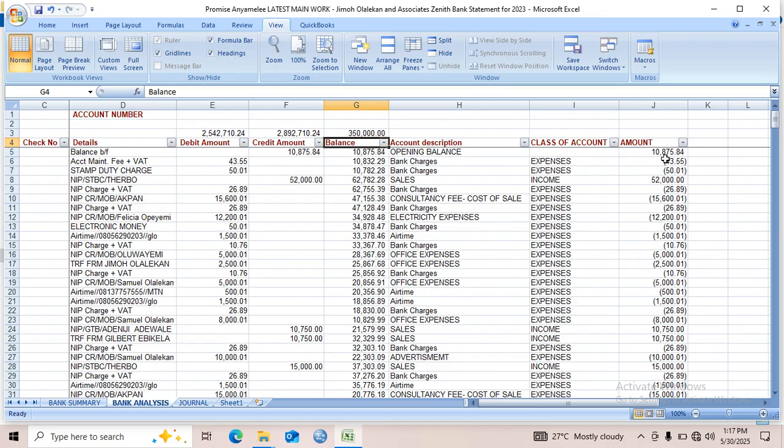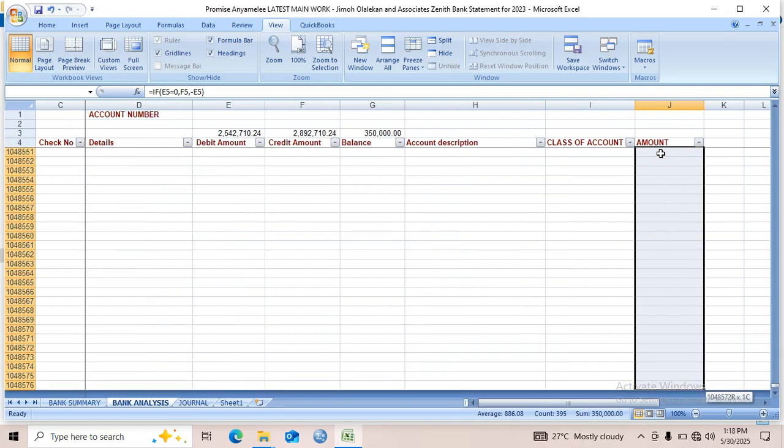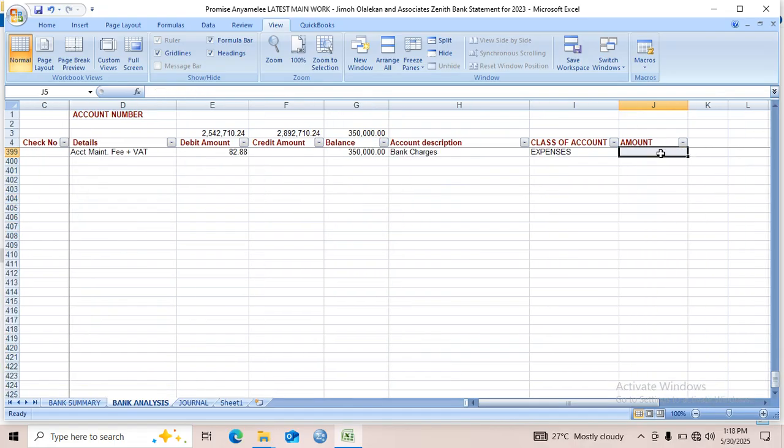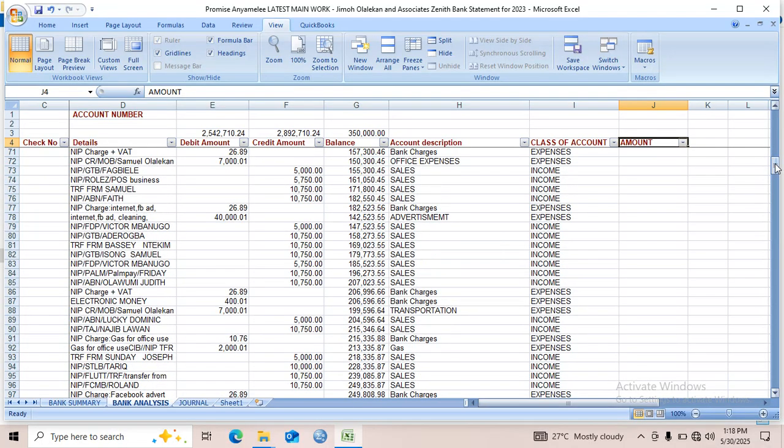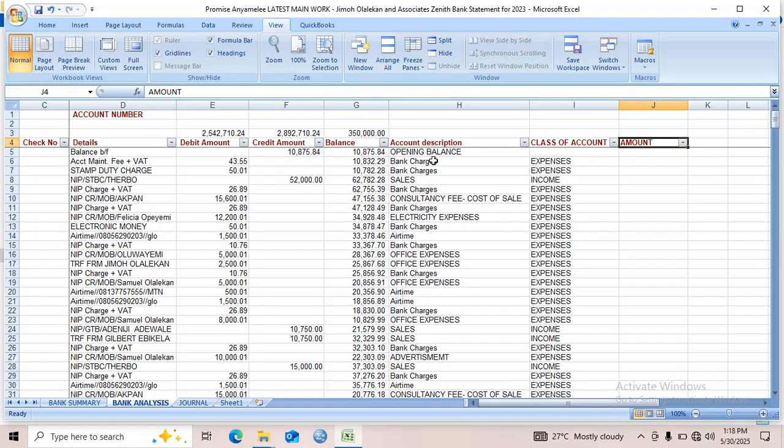But before then, how you get this your total amount is by putting, let me clear everything here. I've cleared everything.